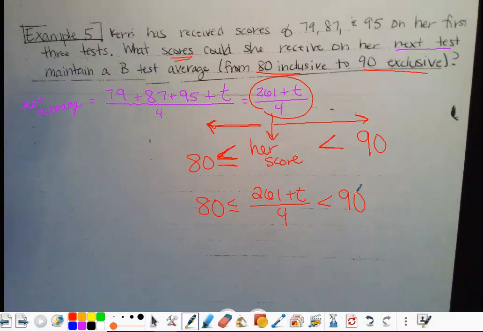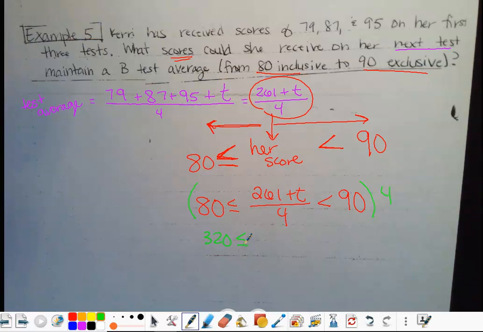All right, and then you can solve this. The first thing to do to solve this, we actually solve them at the same time. I might blow your mind a little bit, but just copy it down and follow along today, and we can talk about it tomorrow some. So I'm going to multiply this whole thing by 4. 4 times 80 is 320, less than or equal to.